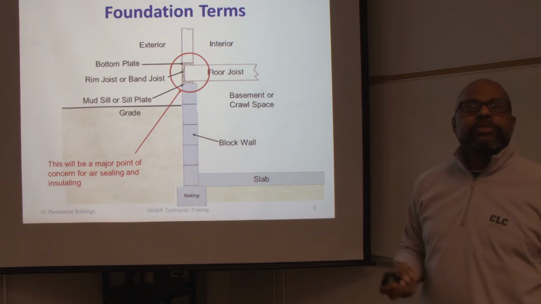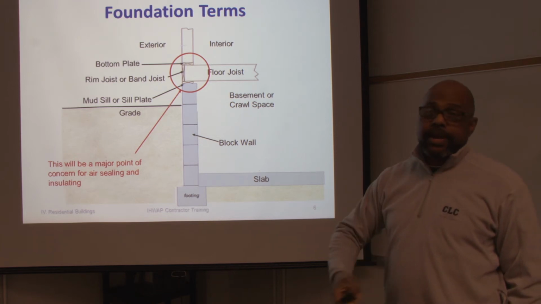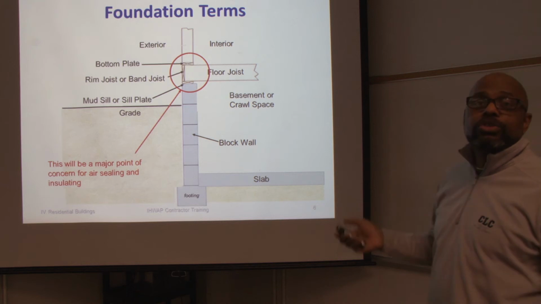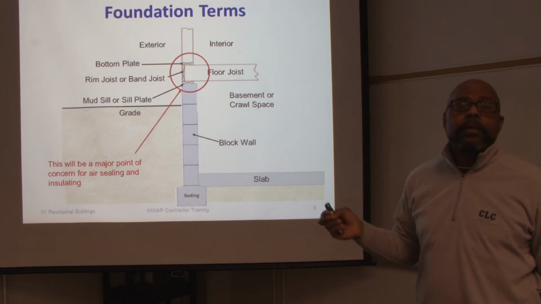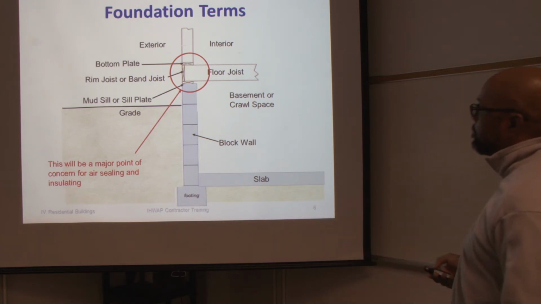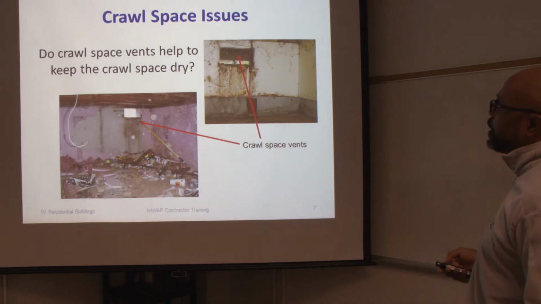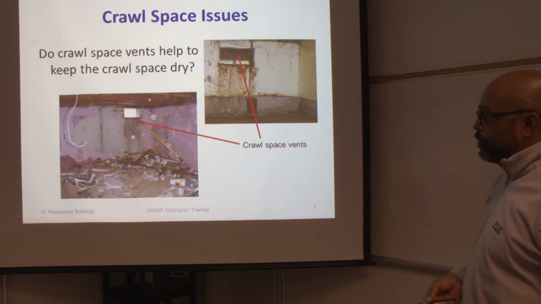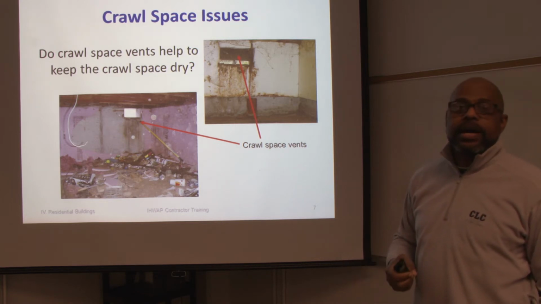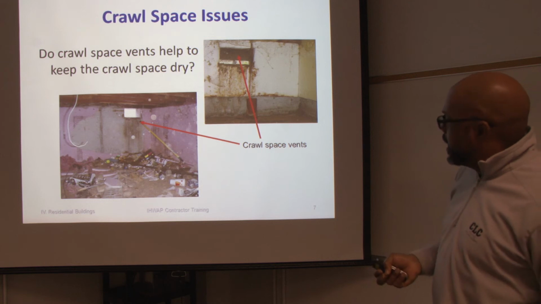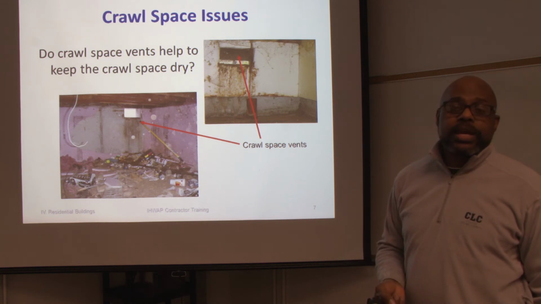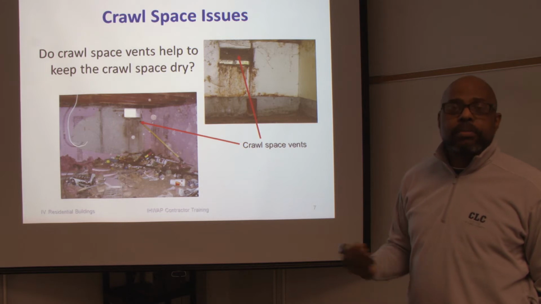When we talk about infiltration, that is one of the biggest points, because there are seams and joints, and these joints are where air can leak through. We have other issues when we're dealing with crawl spaces. Crawl spaces, of course, are a place where people just put things in, and it could be a health issue. If there's a leaky basement, moisture can get in, and the moisture can get into the house and cause mold to grow.